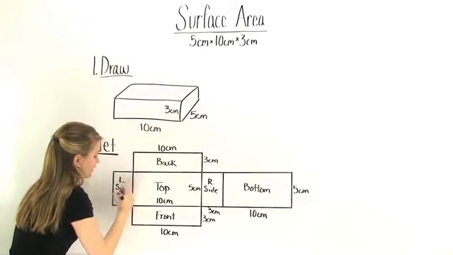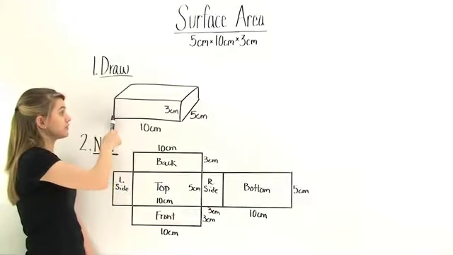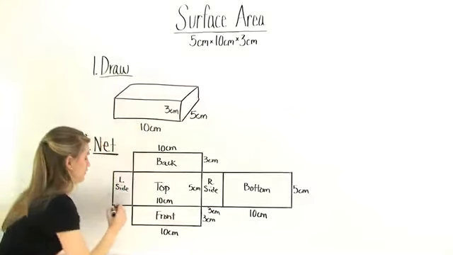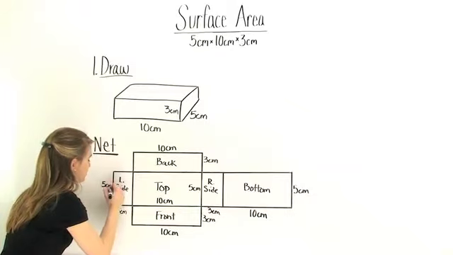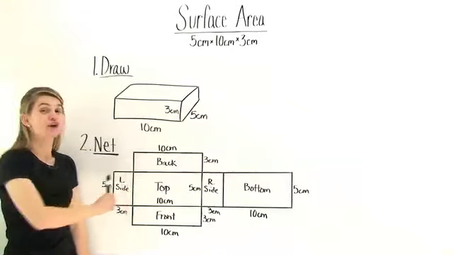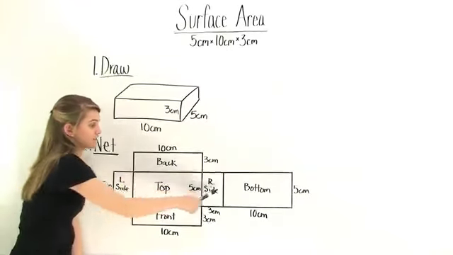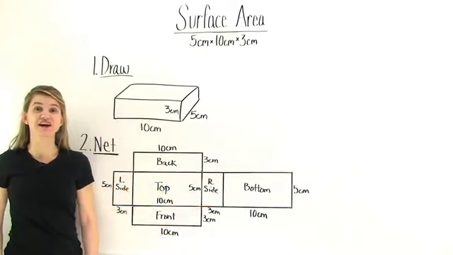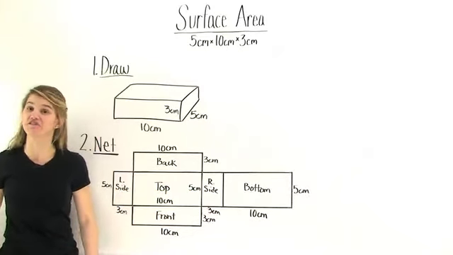So we can go ahead and mark that. The left side rectangle also has dimensions 3 centimeters by 5 centimeters. Now that we have all the dimensions labeled on our net, we're going to go ahead and find the area of all 6 of these rectangles. After we find the area of all 6 of these rectangles, we can add them together and we'll get the surface area of our prism.